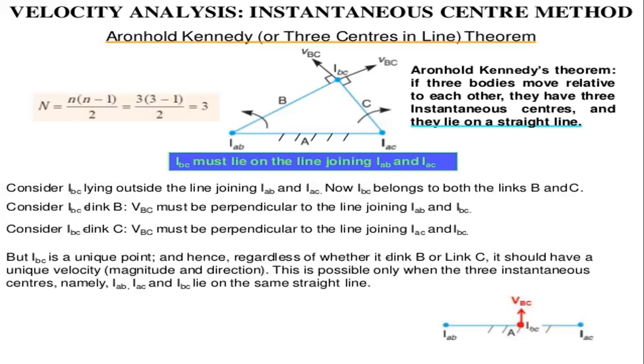Next, we consider the instantaneous center for BC as part of link B. The velocity must be perpendicular to the line joining the instantaneous centers of AB and BC.